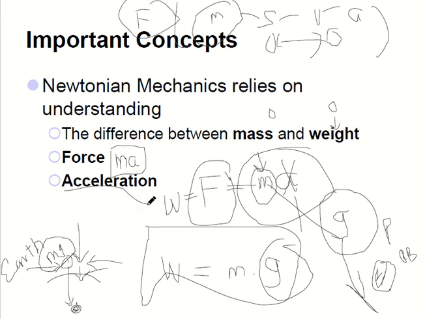And then acceleration is the aspect of the motion, because your physical thing is moving from position to position, making velocity, and every time that velocity changes, you have some form of acceleration, whether it's going faster or slowing down.